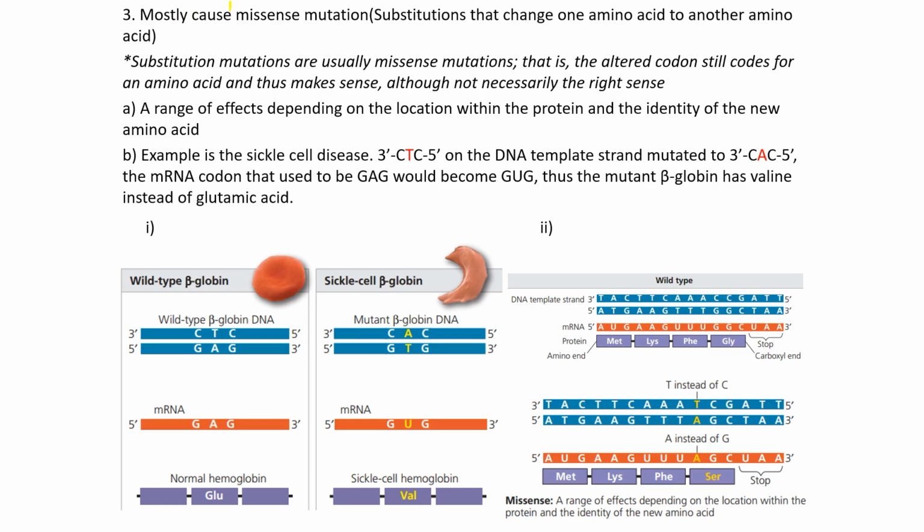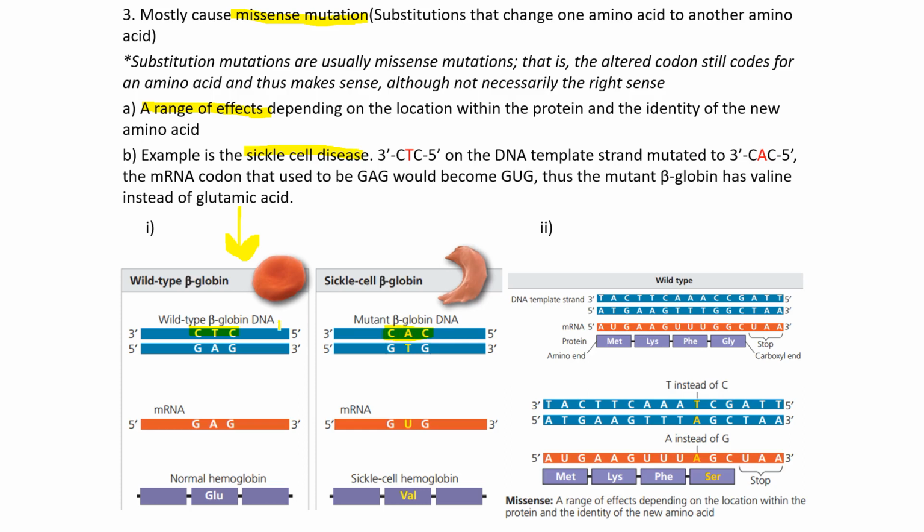Now this missense mutation has a range of effects, depending on the location within the protein and the identity of the new amino acid. A famous example of missense mutation is sickle cell disease. You refer to this diagram here. Now, CTC on the DNA template strand, what happened? It mutated to CAC. Remember, point mutation is the substitution of a base pair.